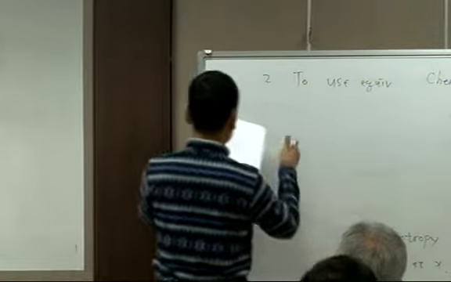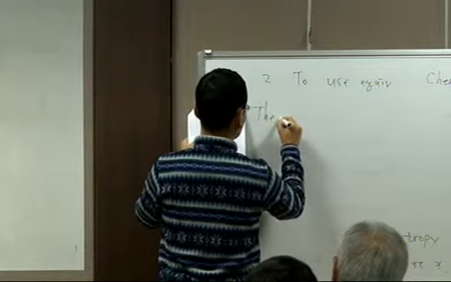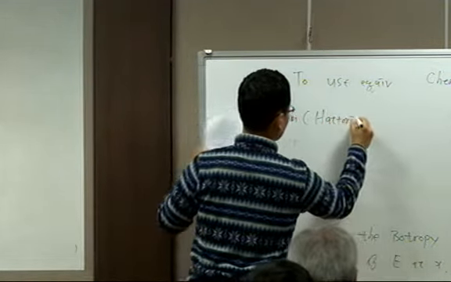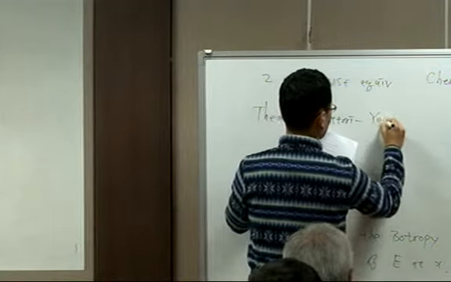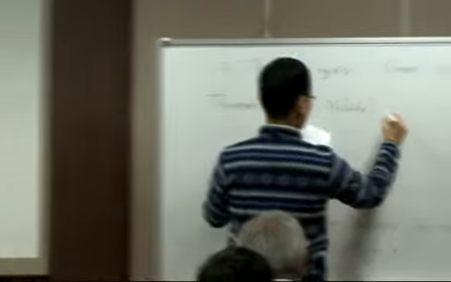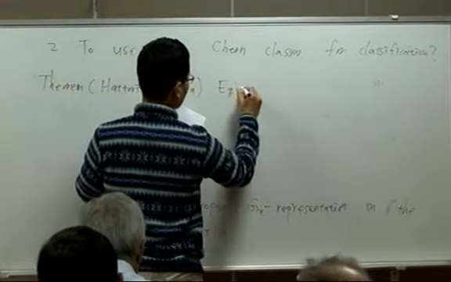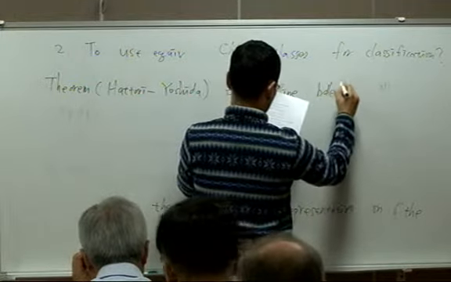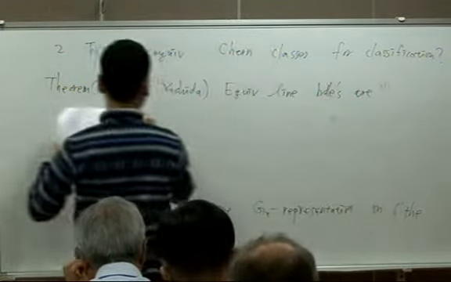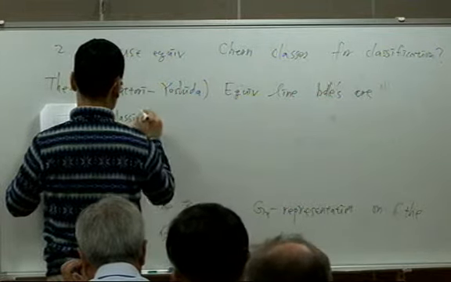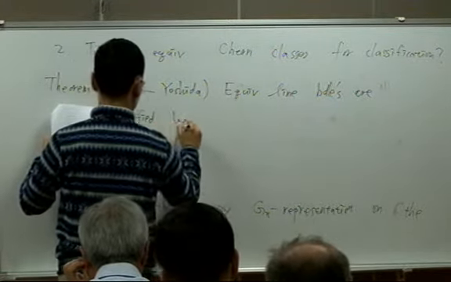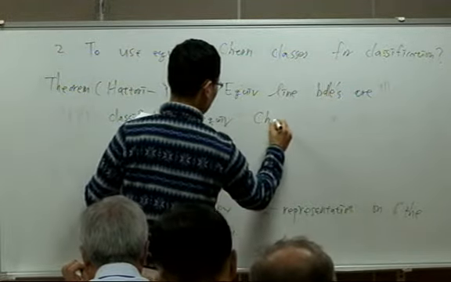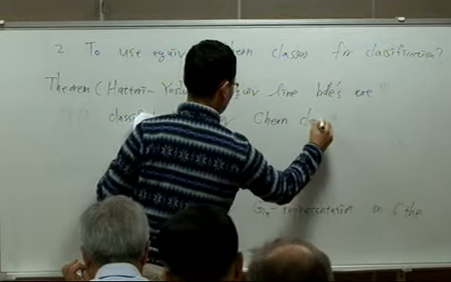In fact, Hattori and Yoshida proved equivariant line bundles are classified by equivariant Chern classes.